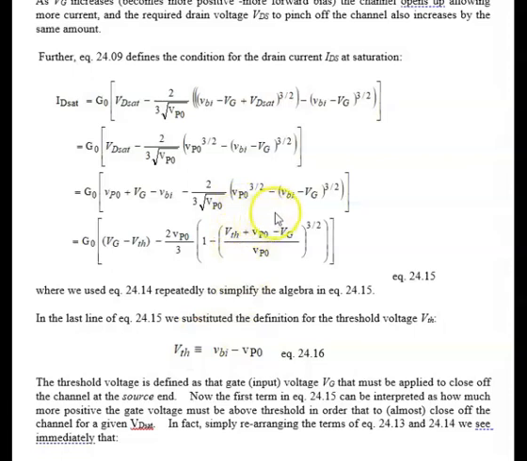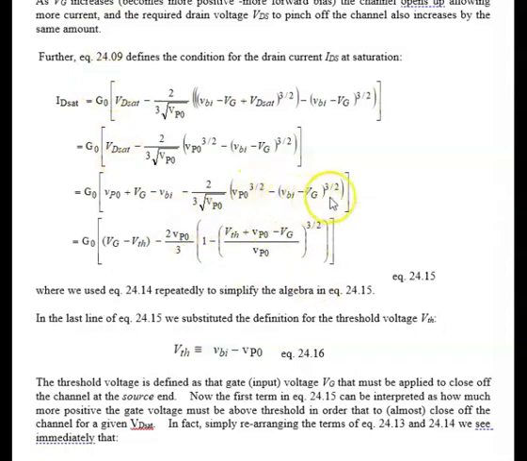VBI minus VG would be the threshold. So we're pulling out a VPO. That's why the 1 comes in here, and that's pretty much it. So now, let's see.